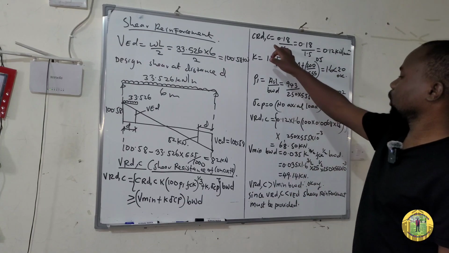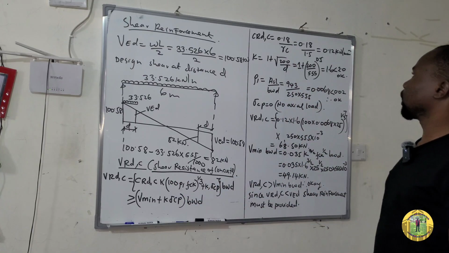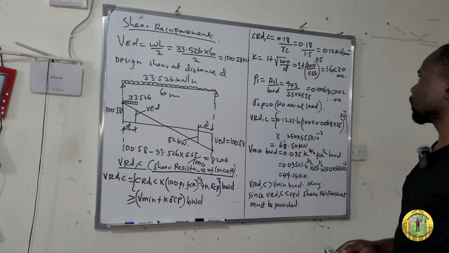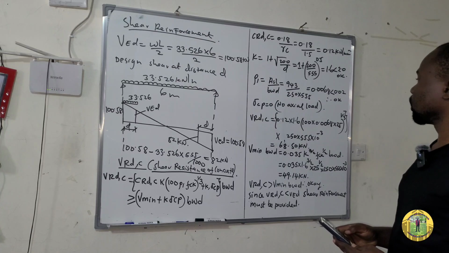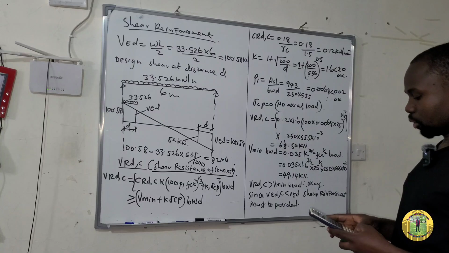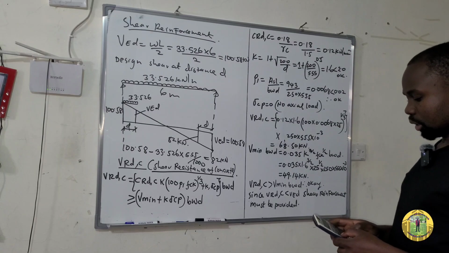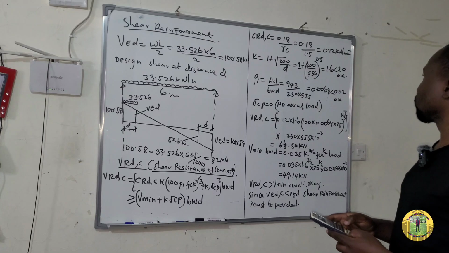So if you break this down, VRDC is given by 0.18 divided by the factor of safety for concrete, which is 1.5. So 0.18 divided by 1.5, you get 0.12.